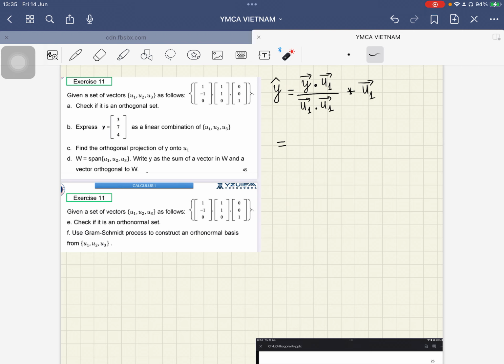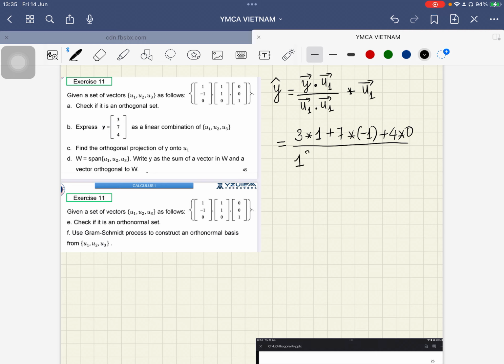We also calculated it earlier. That is equal to 3 multiplied by 1 plus 7 multiplied by -1 plus 4 multiplied by 0, divided by the dot product between U1 and U1. I also can use 1 square plus -1 square plus 0 square. And multiply by vector U1, that is 1, -1 and 0.